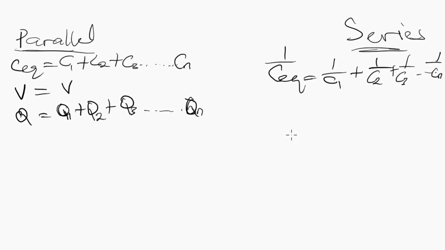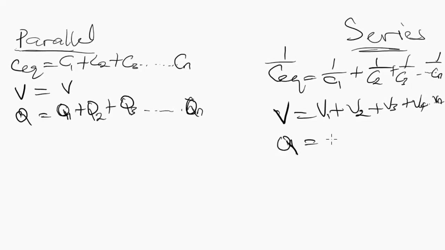That's the last capacitor. For the potential difference V, it will be the sum of the individual potential differences, that's V1 plus V2 plus V3 plus V4 all the way to Vn. Alright, so the charge across each capacitor remains the same.